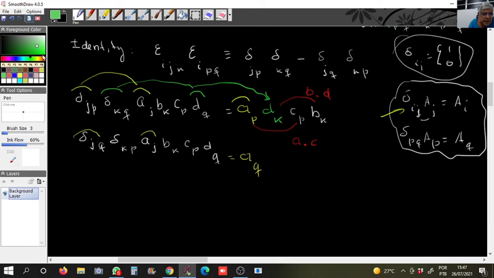Now let's obtain the green one. KP. There's a P over here. This will be CK. I repeat the white ones. I repeat BK, BK, and I repeat DQ.